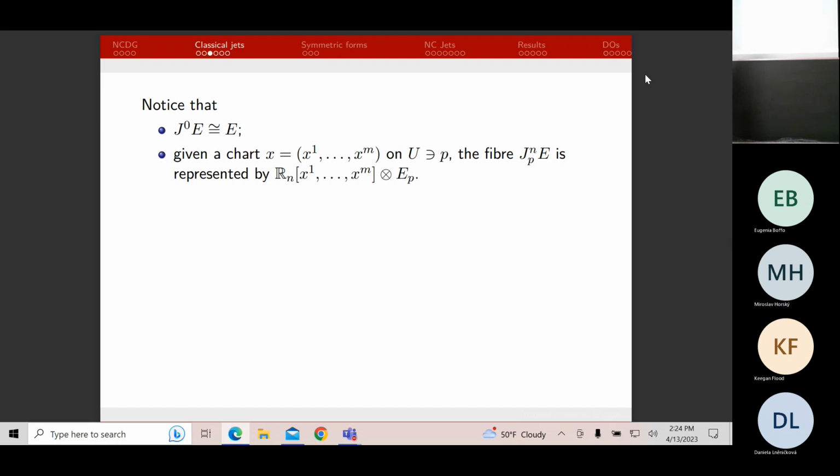It turns out that through the Taylor polynomials, the fiber of the n-jet at P corresponds precisely to nth order polynomials in the variables given by the chart with values in the fiber of E at P. So the Taylor polynomial is exactly what realizes this isomorphism of vector spaces.